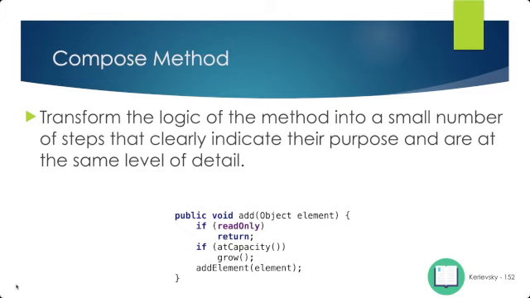It means that we take a method and separate it into small and clear steps. Each step should do one thing, not one command, not one line of code, just one thing. And each step should be at the same level of detail, not too low, not too high.